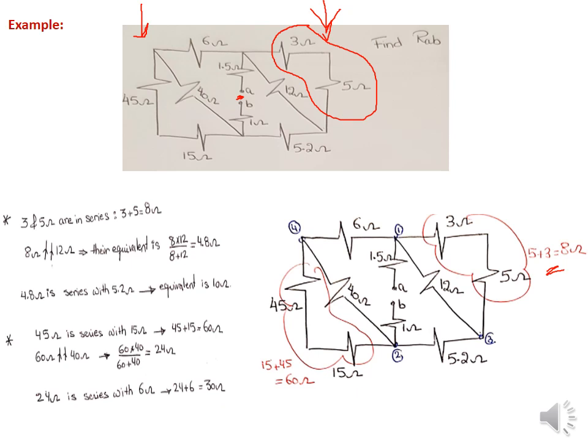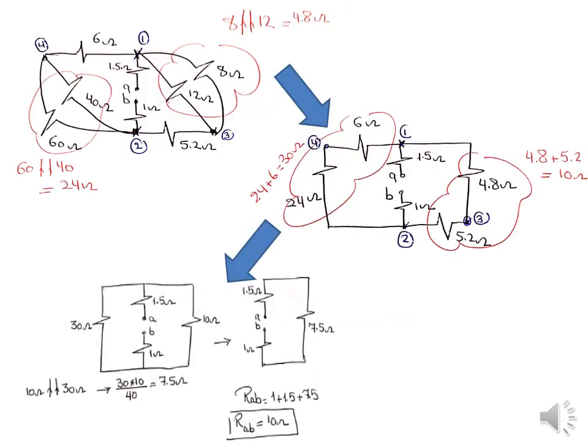Good. طيب لو طلعنا من الميل الثاني، كمان أنا شايف ال 45 وال 15 are in series. يبقى هشيلهم replacing them with a resistor into 45 plus 15 which is 60 ohm. يبقى هلا I'm going to replace ال 5 وال 3 و to replace ال 15 وال 45. So the circuit will be like this.